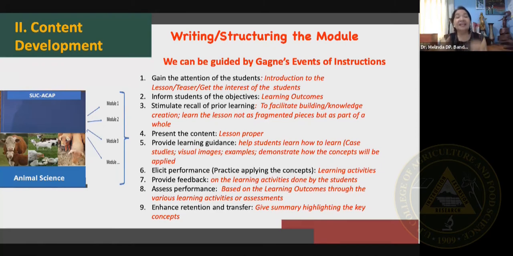So kung titingnan natin yung review classes natin, that can again be considered, especially if the questions in the licensure exam will be in terms of authentic assessment. When we say authentic assessment, ito yung mga real life scenario, real life cases, yung mga nakikita nila.